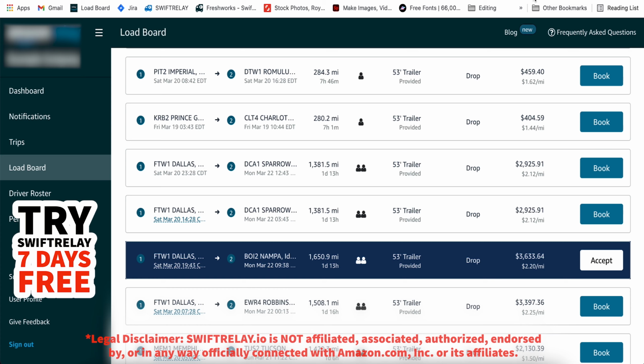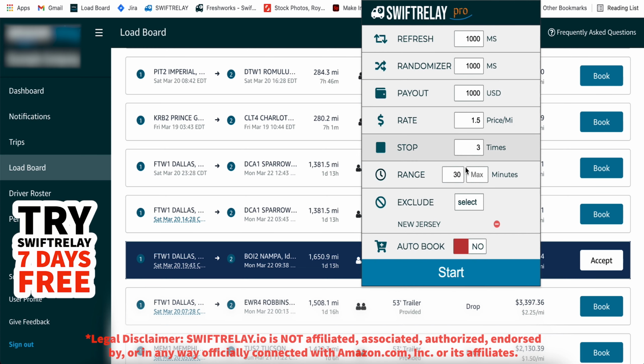So SwiftRelay is going to try to get 1,000 or anything that is above. So if at any given moment there is another load with 3,633 payout, and the rate, as you see, is higher than what we asked for, SwiftRelay would have autobooked.